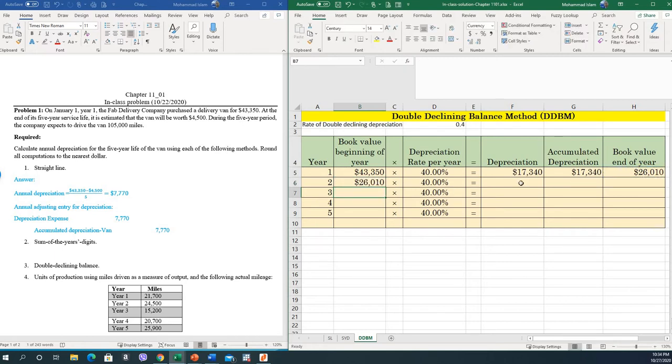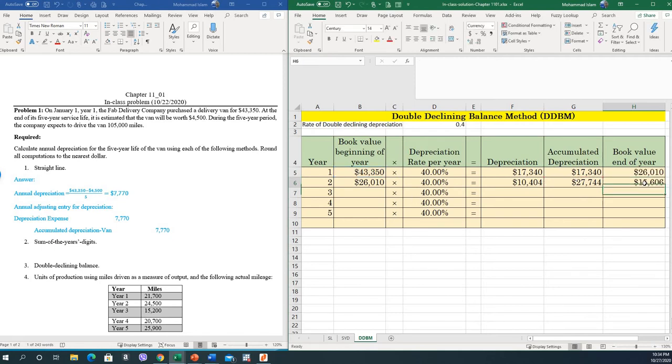And the depreciation rate is same, so the depreciation would be equal to this beginning book value of the second year multiplied by the depreciation rate, and the accumulated depreciation would be equal to the first year depreciation plus the second year, so that is accumulated depreciation total, and the end of the year book value would be equal to our initial book value less the accumulated depreciation.